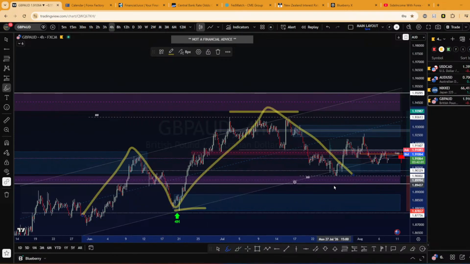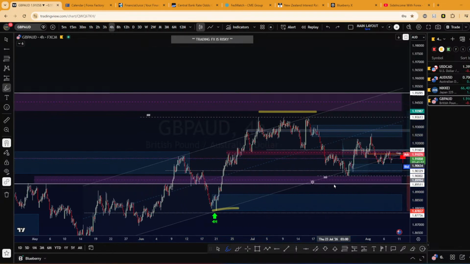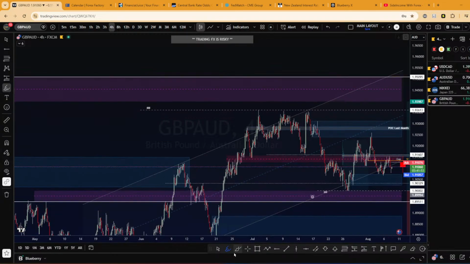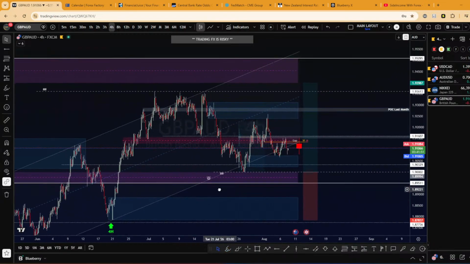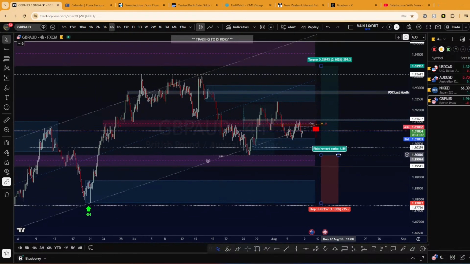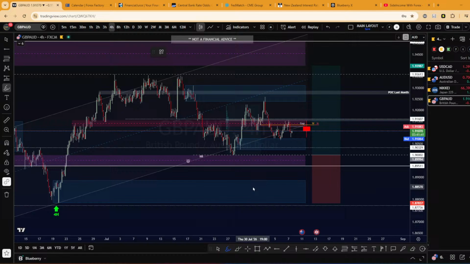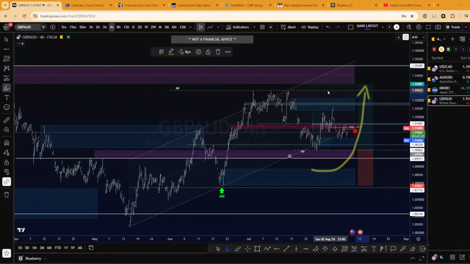So a little bit of contradiction between time frames, but I still think long term we want to target this. That's why I put my initial setup right there, stop just below this demand. I want to see price continue to the upside, targeting this level.